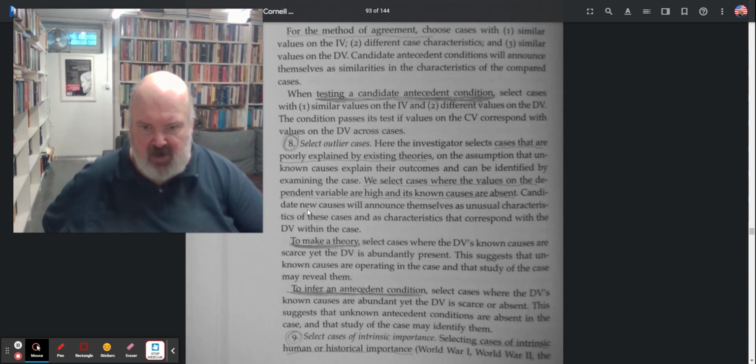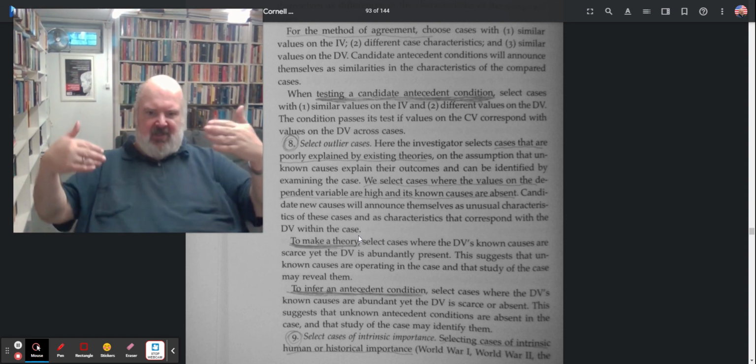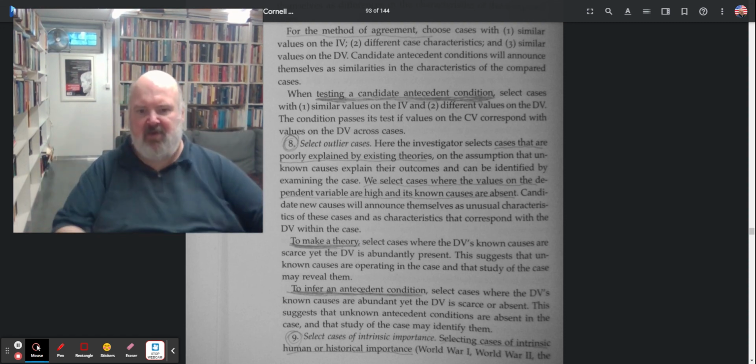New candidate causes will announce themselves as unusual characteristics of these cases and as characteristics that correspond with the dependent variable in the case. So therefore, it's going to be unique, and that's going to correspond with this.